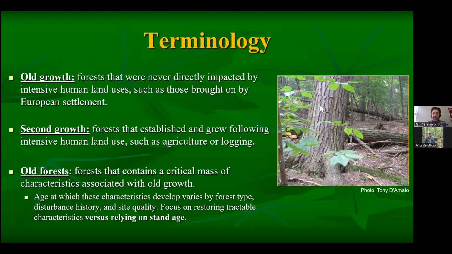The age at which it becomes old forest will change by forest type and the site index, or the quality of the site and how fast those attributes accrue over time. But we feel this is the most tractable and accurate way to define these. So as I go through the rest of the slides, and I'm using these terms old growth and second growth, this is the meaning that I will attribute to them.